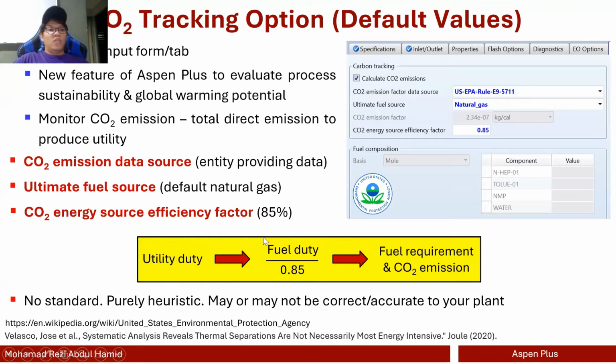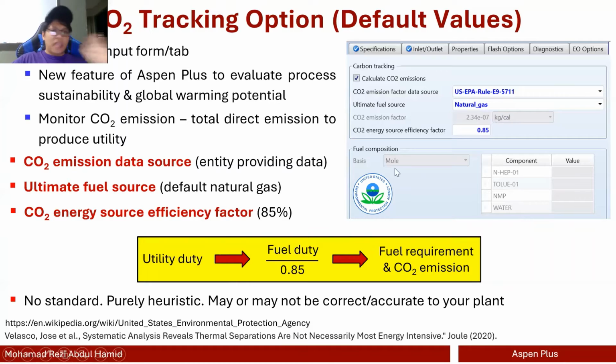And then when you know the fuel duty, you know the total energy of your fuel, the combustion energy, say from diesel, so you can get the fuel requirement. Assuming that all of the carbon atoms from your diesel are converted to carbon dioxide, then you will get a CO2 emission.